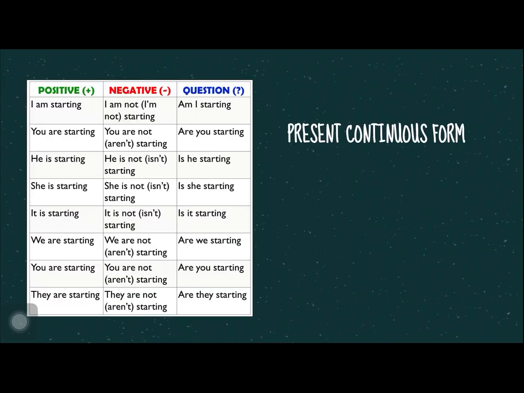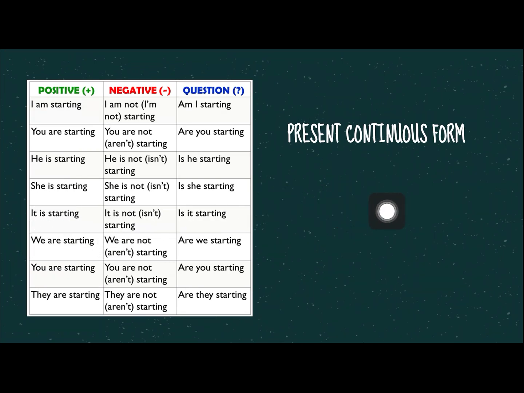Good, perfect. In a present continuous form, remember that we have to use the auxiliary verb, the verb to be, for each one of the people. For example, the first person needs I am, the second you are, or we are, or they are. Yes? In the third person we have he is, she is, and it is.